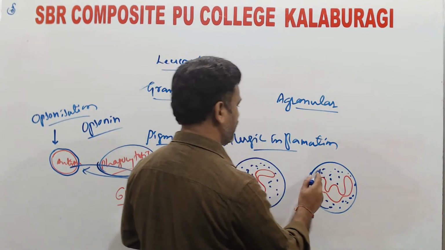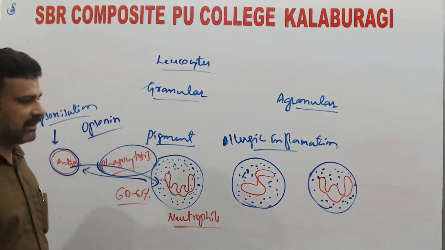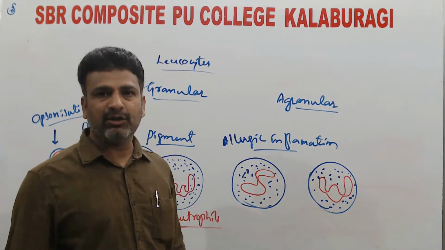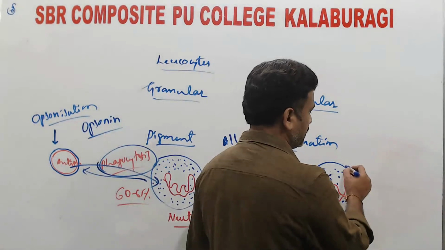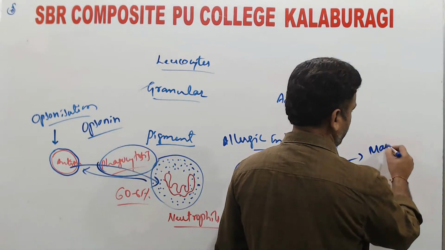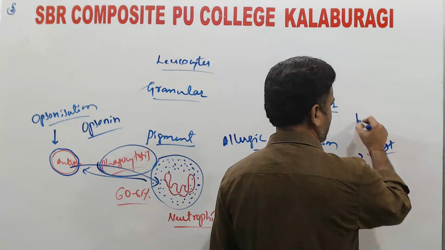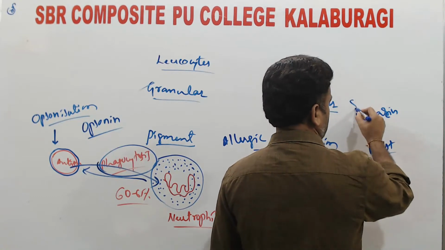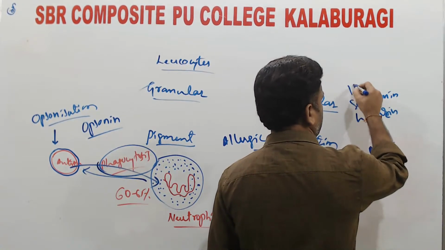The basophil function is still not accurately identified. A subset of basophils gets modified into mast cells, and they are able to secrete three chemicals. When these basophils enter into the areolar tissue or connective tissue, they get modified into mast cells. These mast cells secrete three chemicals: heparin, then serotonin, then histamine.